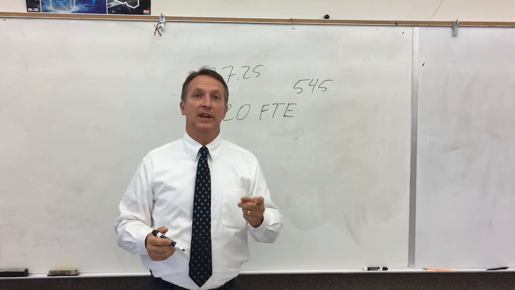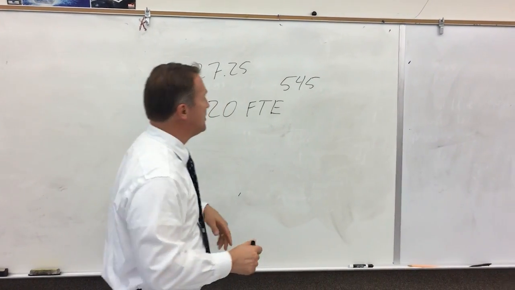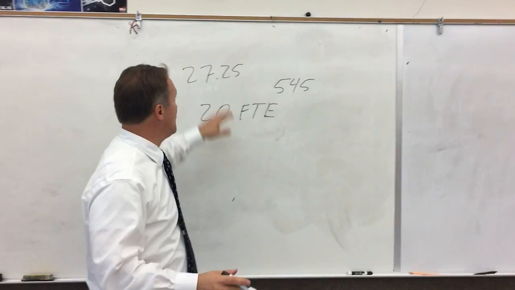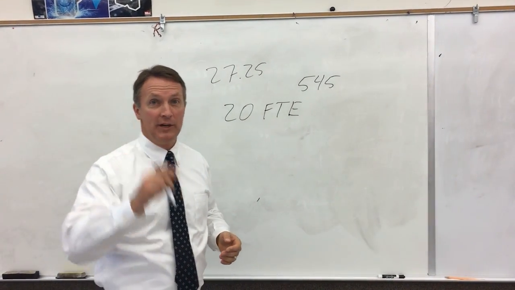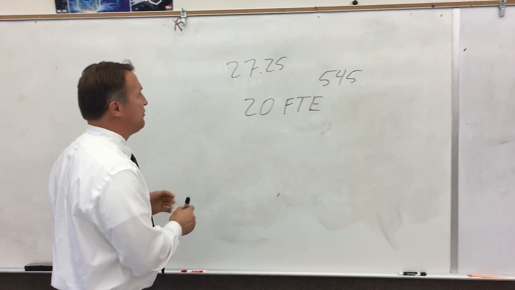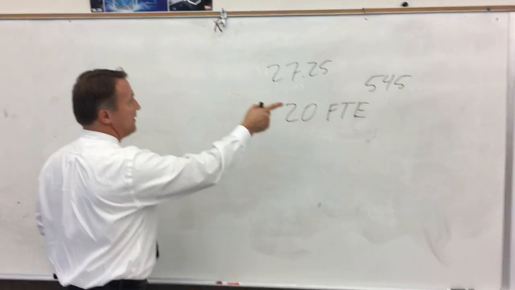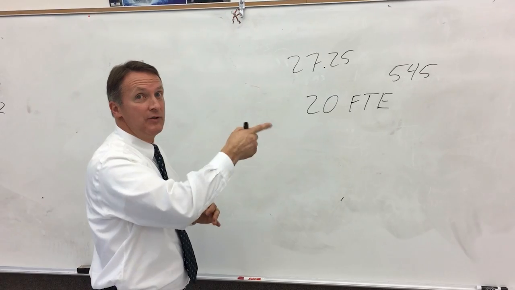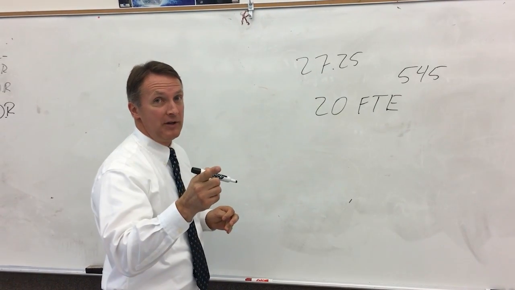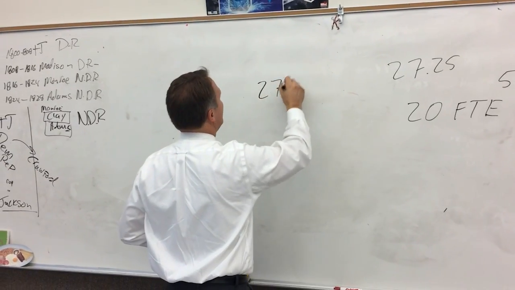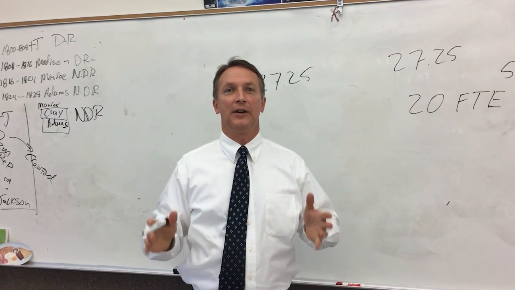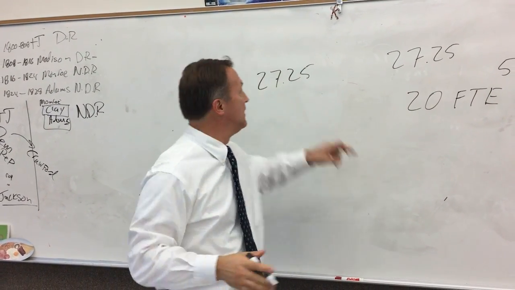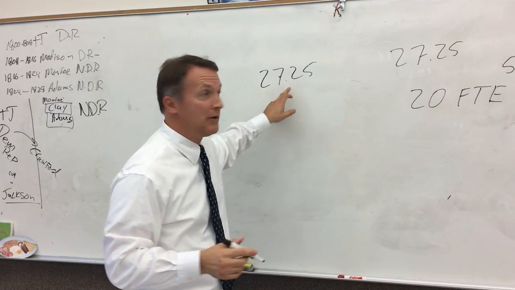Now, let's pretend we're at a junior high school. And you say, well, none of my classes are 27.25. That just doesn't happen. What do you mean 27.25? Well, here's the deal. Let's say we're at a 545 student junior high school on a 7-period day, with a ratio of 27.25.